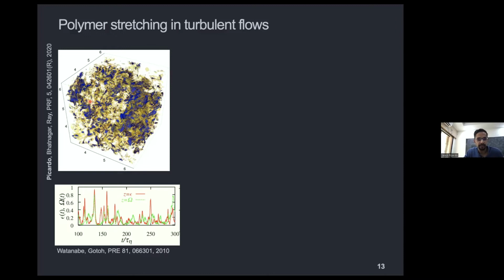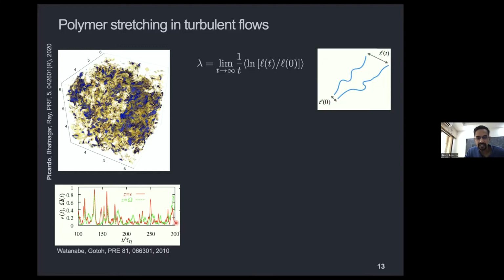If you imagine a polymer inside this kind of flow, these are, by the way, intense dissipation structures, a polymer moving through this flow will feel a fluctuating dissipation rate and therefore a fluctuating strain rate. The question is, how do we know whether it's going to get stretched out in the long-time average? This is clearly something that can be tackled through dynamical systems ideas, and that's what was eventually done.